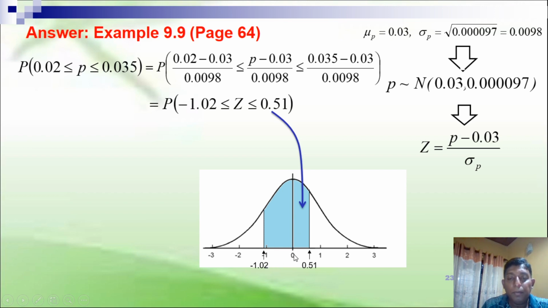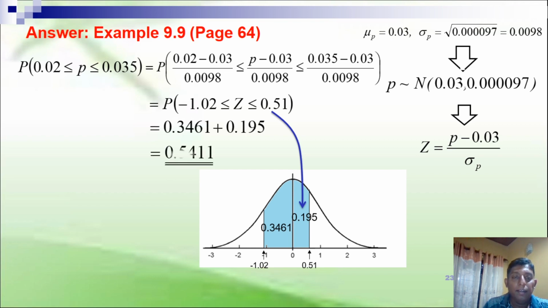To get the probability from 0 to 0.51, just read Z equal to 0.51, and this value is 0.3461. The probability from 0 to 0.51 is 0.195, and the answer equals 0.5411.